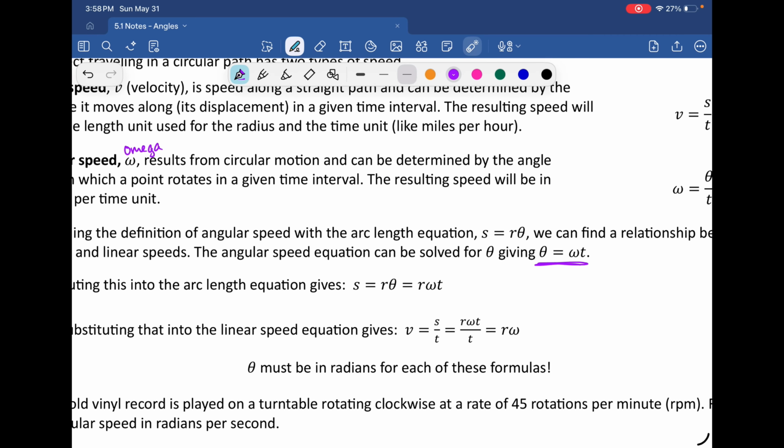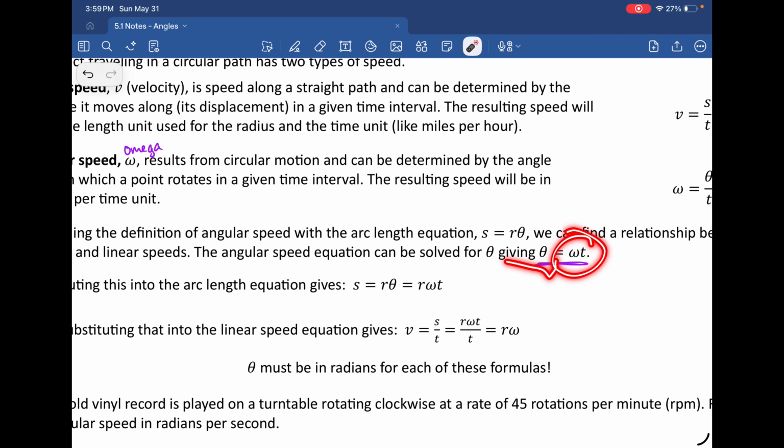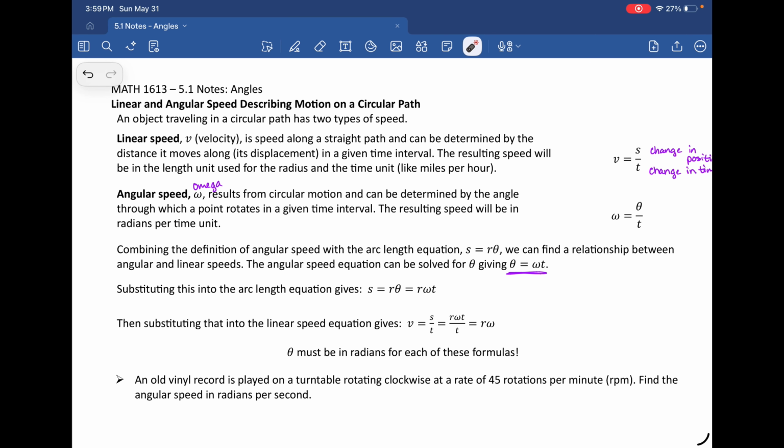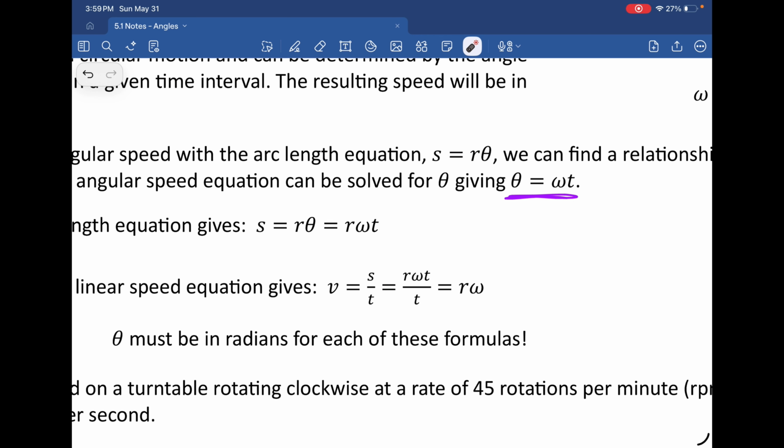If we sub this back into our arc length, arc length equals radius times theta, well, theta is omega times time. So it's kind of a translation between the two. If we manipulate all those around, arc length is radius times omega times time.